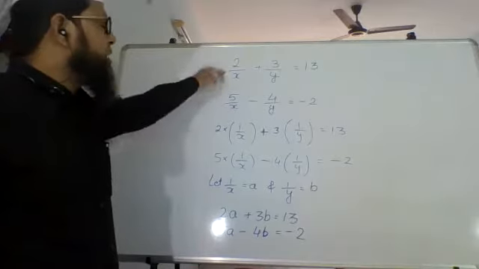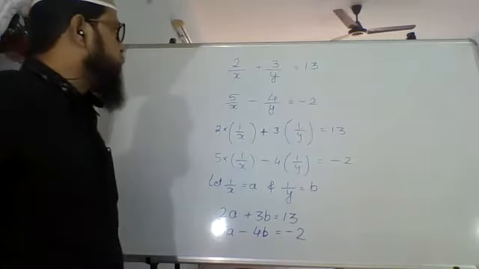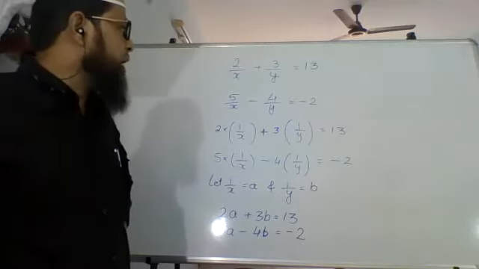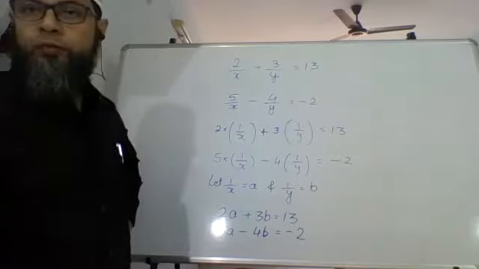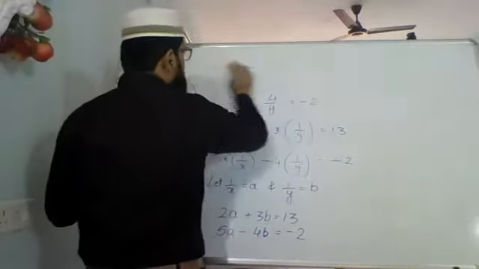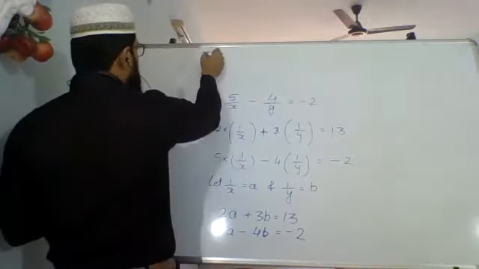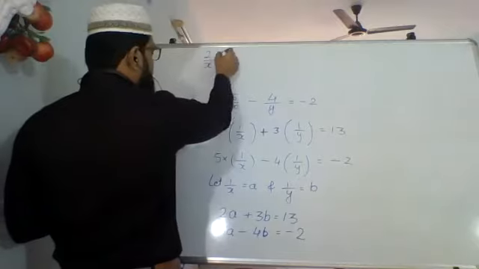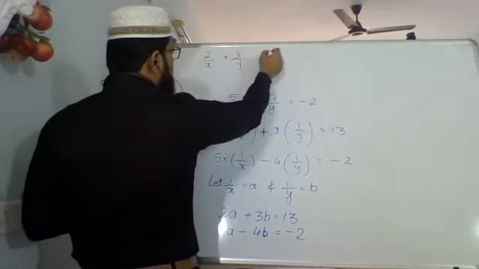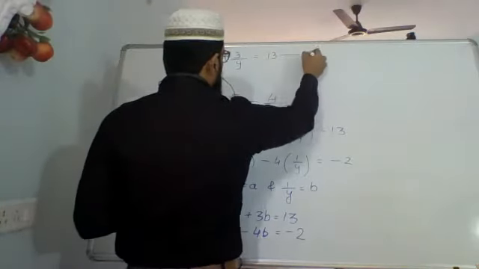So we are given the equations 2 upon x plus 3 upon y equals 13 and 5 upon x minus 4 upon y equals minus 2. Both these equations, by definition, are not linear equations, because the power of x and y is not 1, but actually it is minus 1.